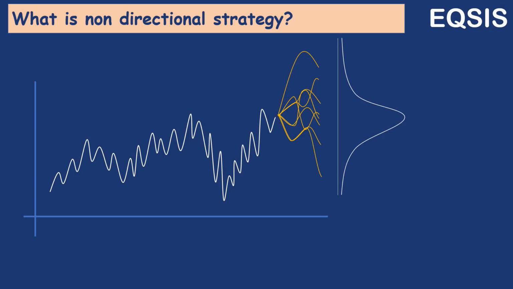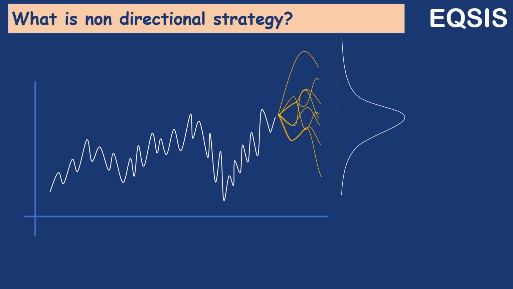Try to understand that it forms a kind of bell-shaped curve. Those who are familiar with statistical concepts understand that in this distribution, it's not skewed. It pretty much works towards the current level.